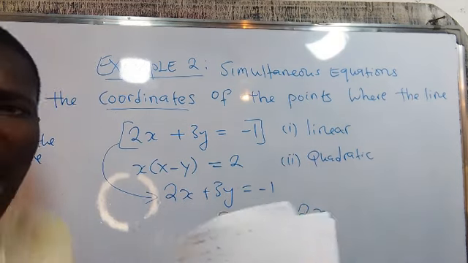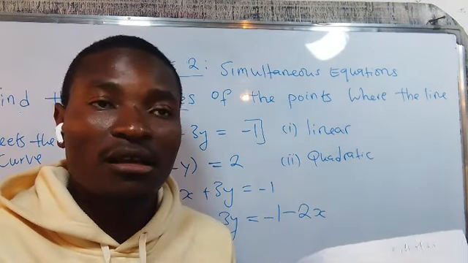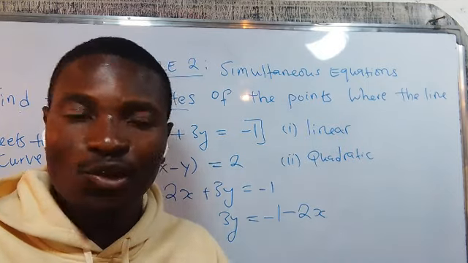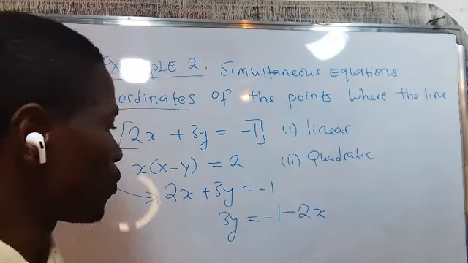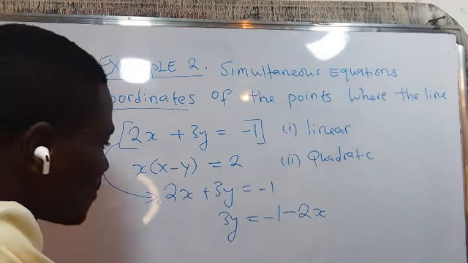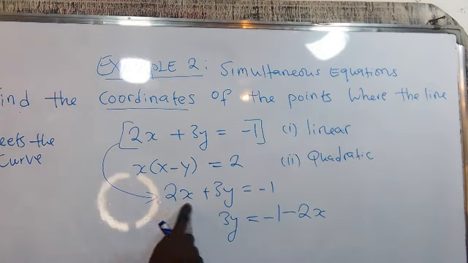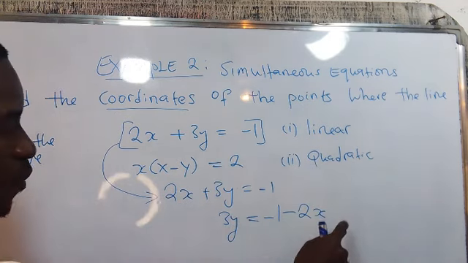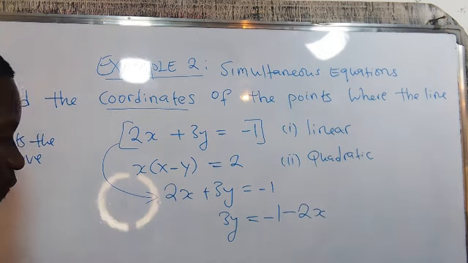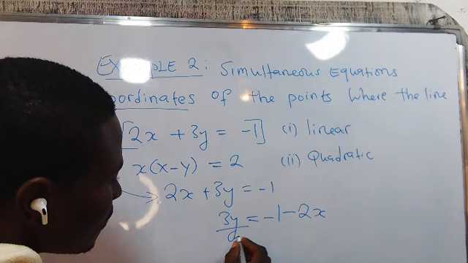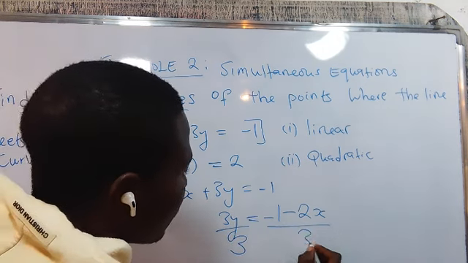Make sure that you are careful about the signs of these terms. Make sure that you understand their signs, positive or negative. So 2x is a positive 2x, and once it gets to the other side, it becomes negative. From there, what do you do? Just divide throughout by 3.